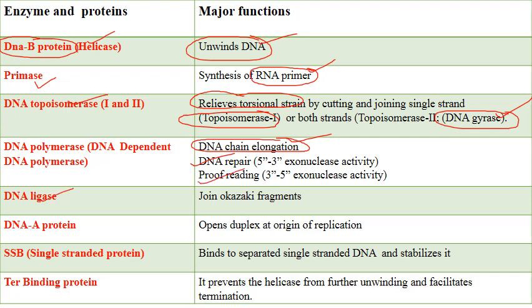Then DNA ligase, which is also known as molecular glue, which is known to join the Okazaki fragments. It helps in joining the Okazaki fragments which are formed in the lagging strand.